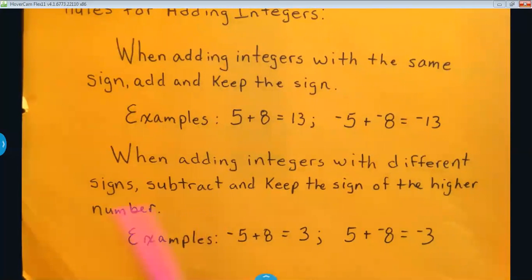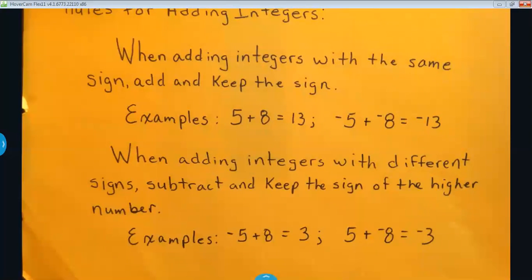Now, here's the other rule that you need to memorize for this. When adding integers with different signs, you subtract and you keep the sign of the higher number. The two examples that I have, -5 plus 8 is equal to 3, because I would subtract 8 minus 5, that equals 3.